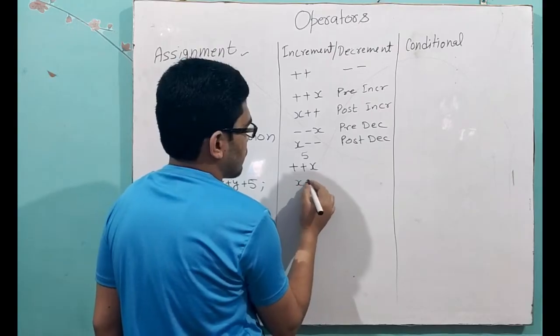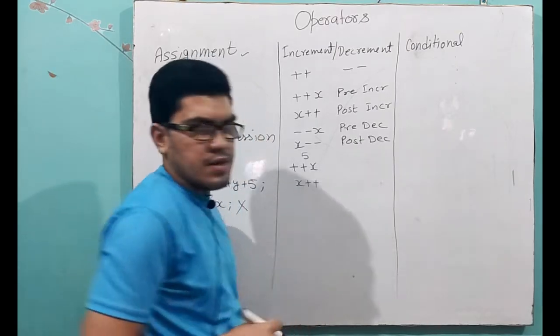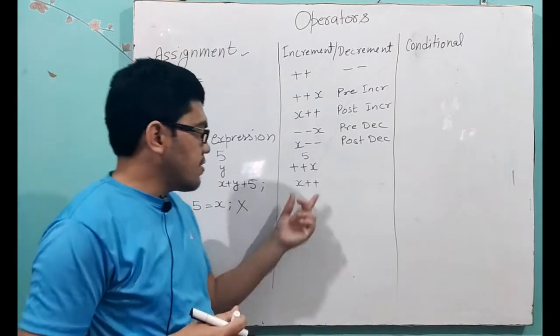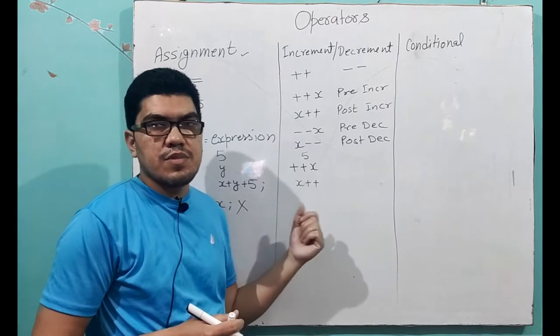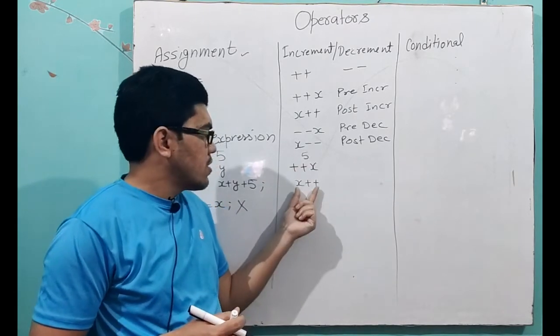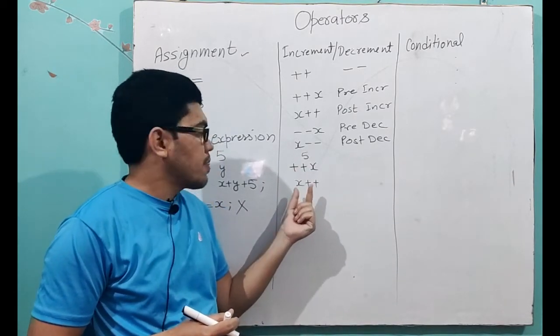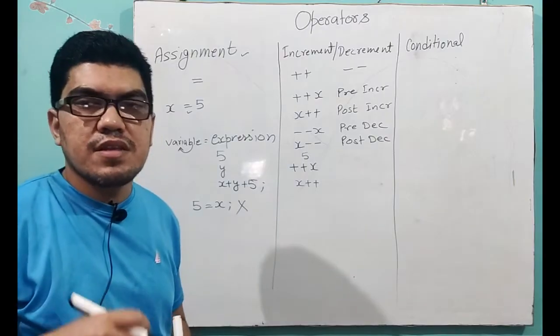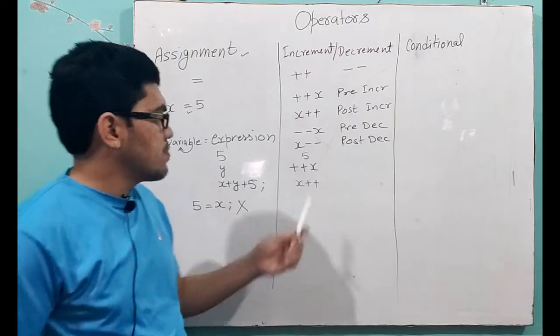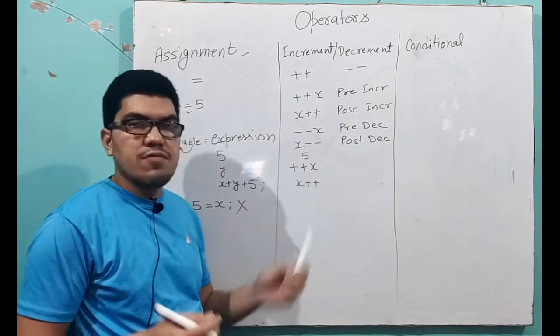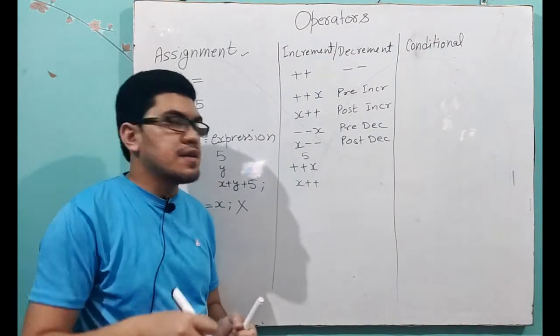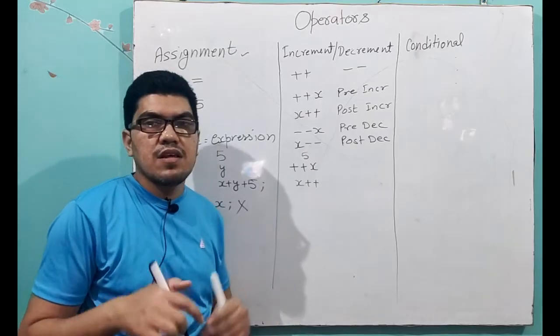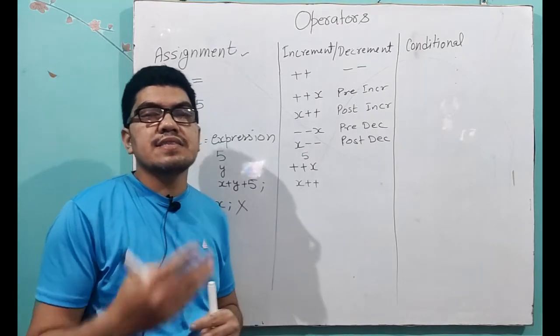In case of post-increment, the value of x will remain the same, the previous value, but after this the value of x will be increased by 1. So we can say pre-increment will increase the value immediately, but post-increment will increase the value in the next step.